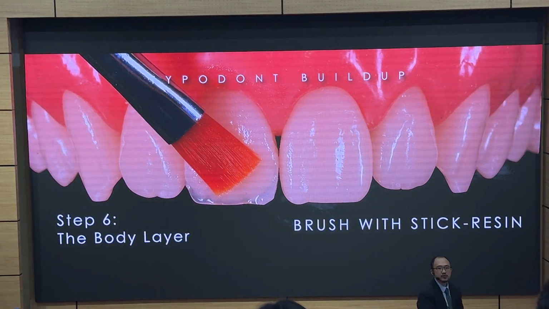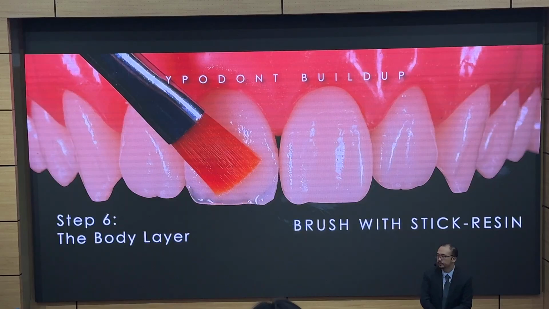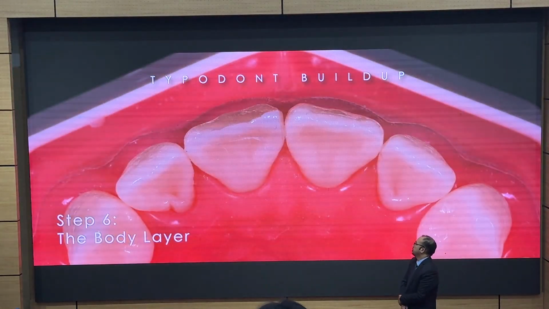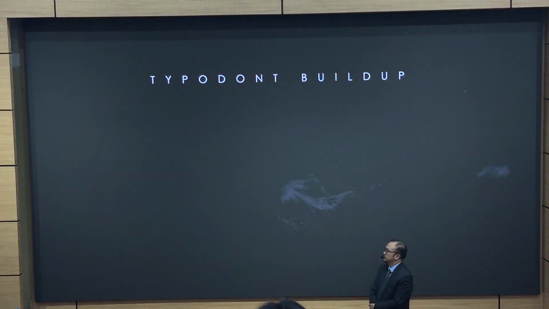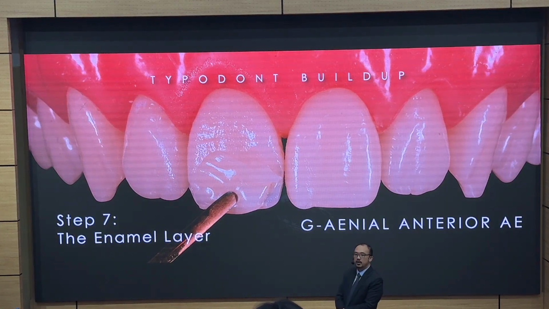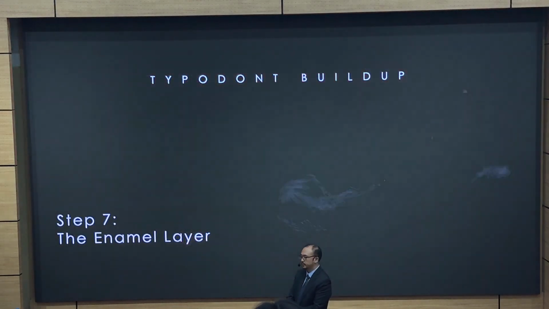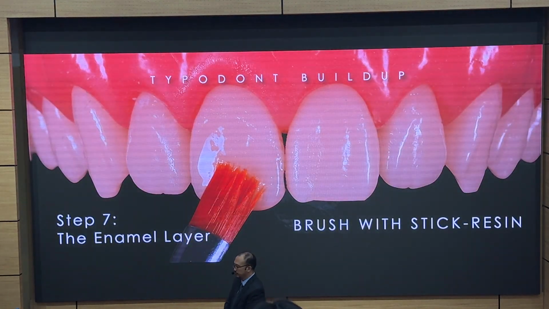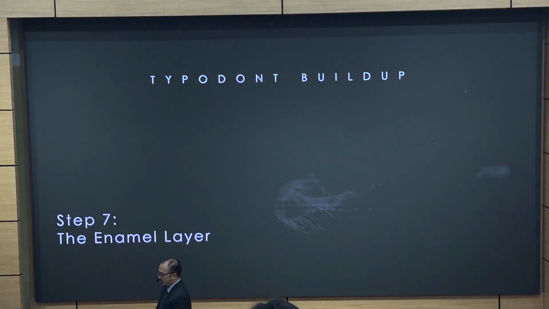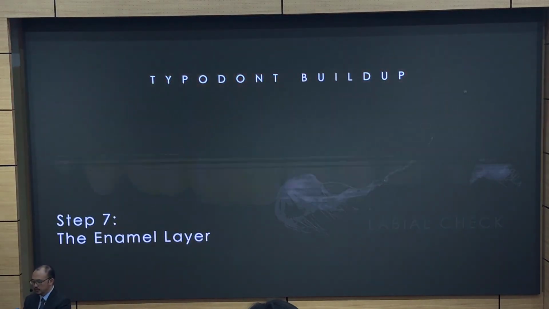I like to sculpt it with a paintbrush. And then you add the enamel layer that goes to the bottom. You wipe off the excess. And then you check occlusion.